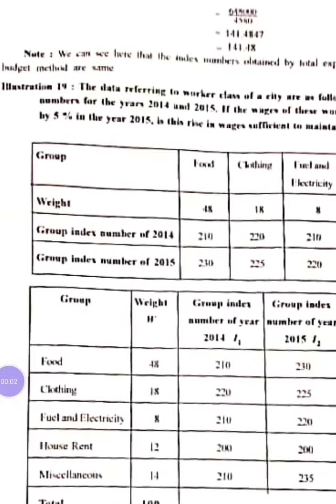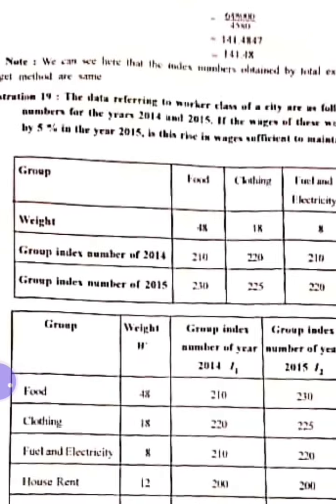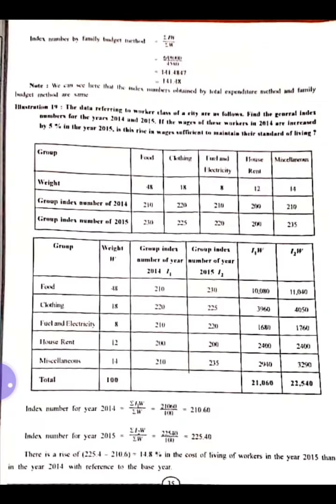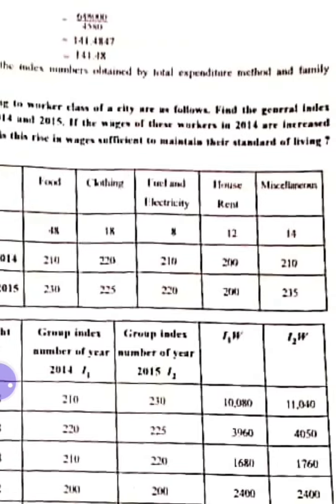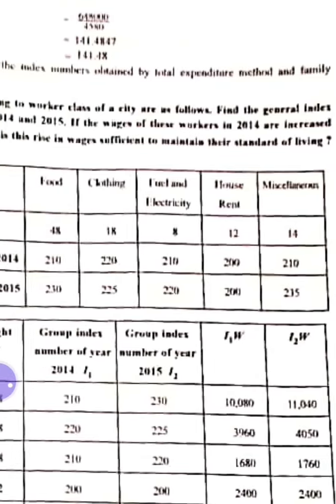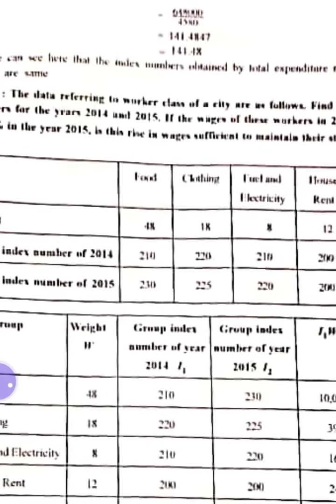Now we are on question number 19. What has been given to us is the data referring to the worker class of a city, as follows. Find the general index number for the years 2014 and 2015.